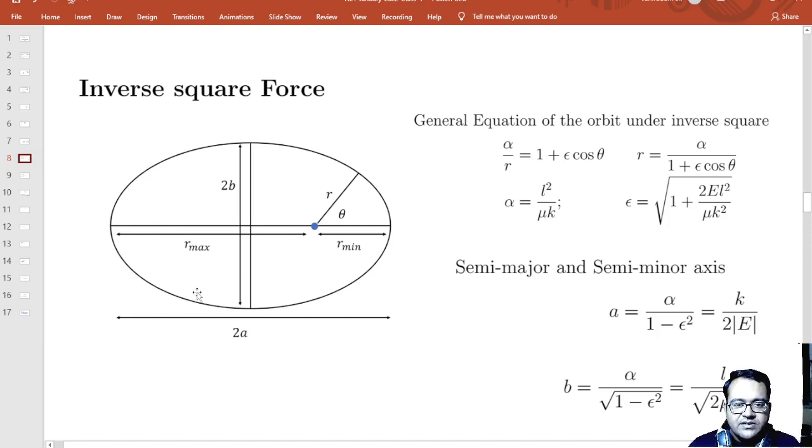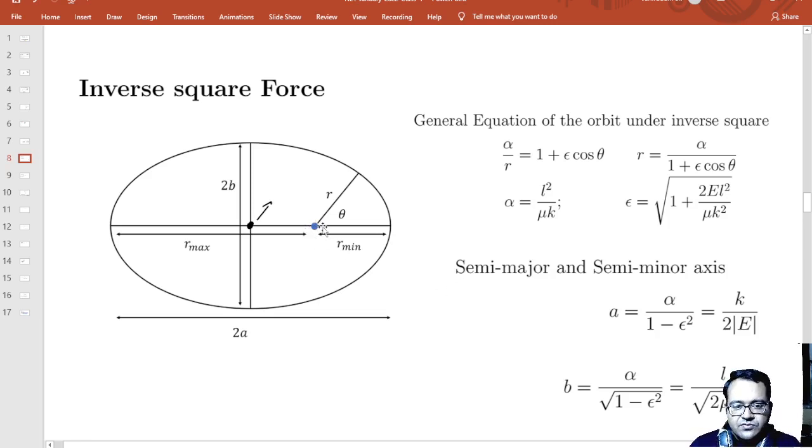First look, this is an ellipse. This is the center, the geometrical origin. This is not the origin of the central force.